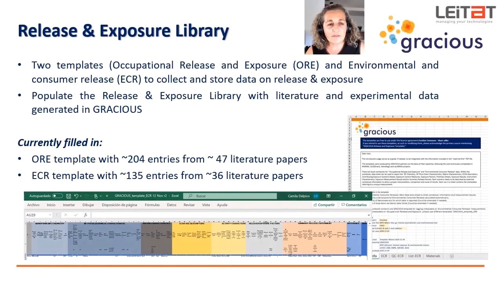They've been generated in projects, and now they are openly available for use by the whole community in other projects. So we have these exposure and release templates with data in to be used for the models.